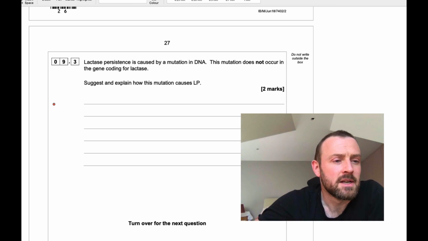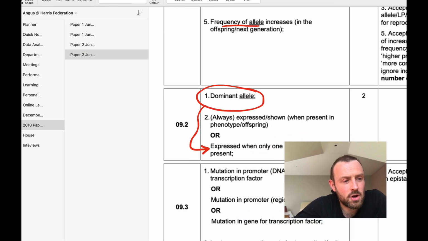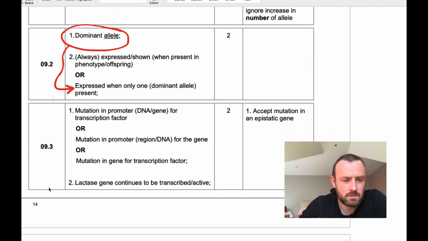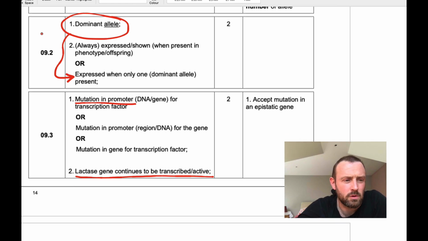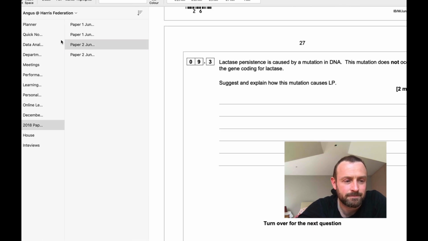Okay, does that make sense? So it's a change in the promoter, not the gene. So mutation in the promoter, lactase gene is always active, or it continues to be transcribed throughout your life if you have lactase persistence.